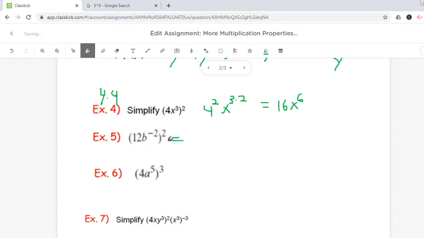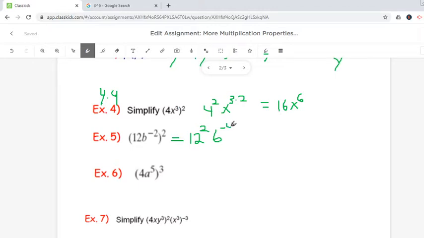So this one, we'll do the same thing. This is a product. So this power goes for each variable. So we have 12 squared. And then we have b negative 2 times 2, because 2 is outside of the parentheses.